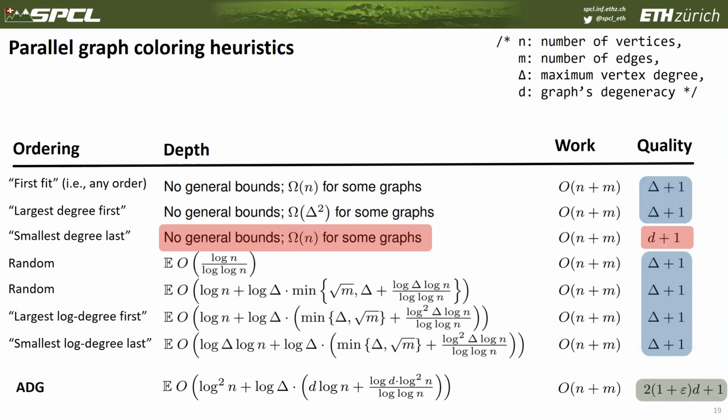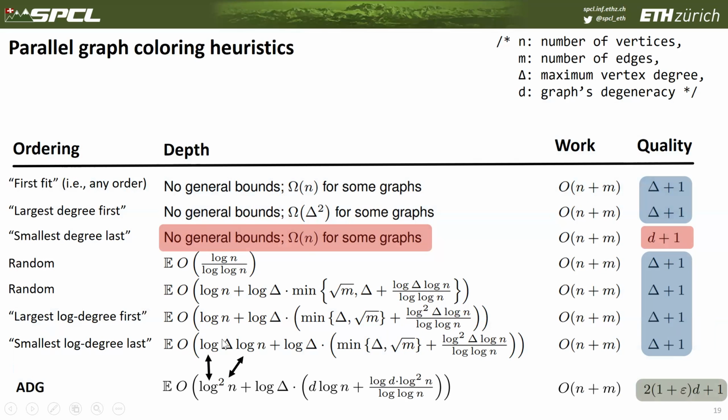And if we compare now these bounds of the coloring based on the ADG to some most recent bounds, we'll see that we are not really that much different. So we do have this log square n factor, but on the other hand, for example, the second scheme in this table, this is also a recent one based on some approximation of a different type of the strict degeneracy ordering, the smallest log degree last.